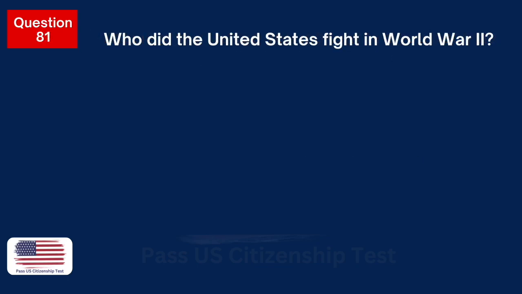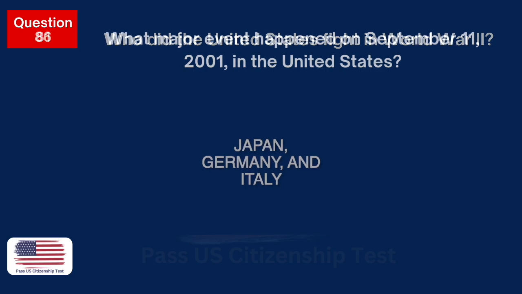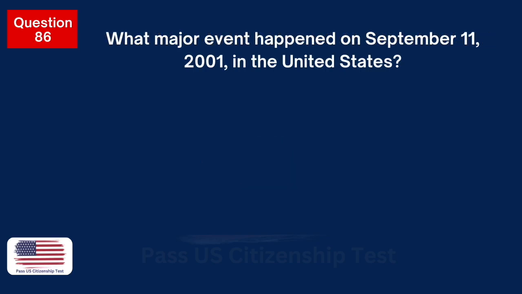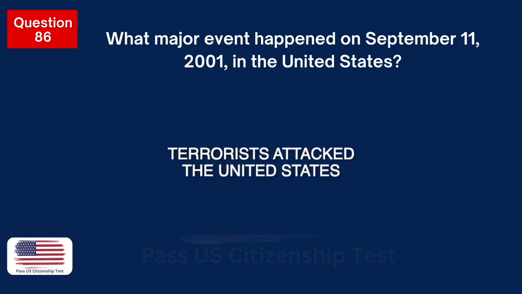Who did the United States fight in World War II? Japan, Germany, and Italy. What major event happened on September 11, 2001 in the United States? Terrorists attacked the United States.